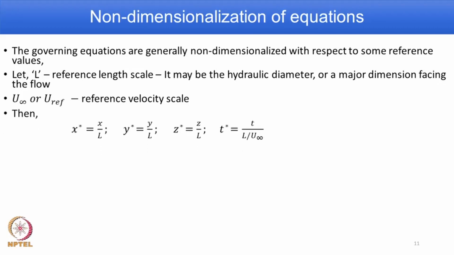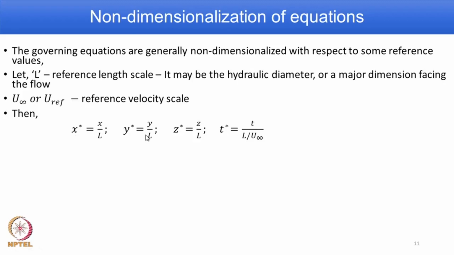Let us say, for example, all the length related information, so in this case x, y and z. So x is non-dimensionalized with L, and this non-dimensionalized quantity is referred to with the superscript star. So x star is the non-dimensionalized length, x is the actual length, and L is the reference length, and we know they both have the same unit. So x star has no unit.